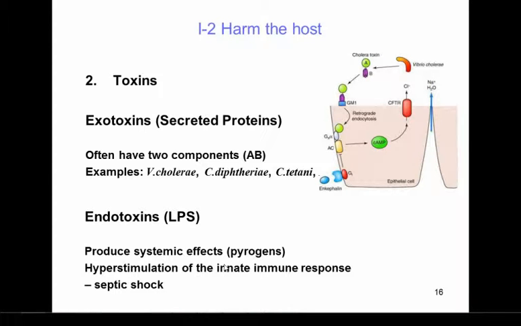So all the coagulation factors in the blood will be used up, and then this will have the kind of paradoxical effect that you can have hemorrhages all over the place because you don't have any more coagulation factors. And all of this means that a lot of your organs cannot be perfused correctly, so you'll have multiple organ failure as a result of septic shock. So if you have a big infection from gram-negative bacteria that's systemic, you can die of septic shock.